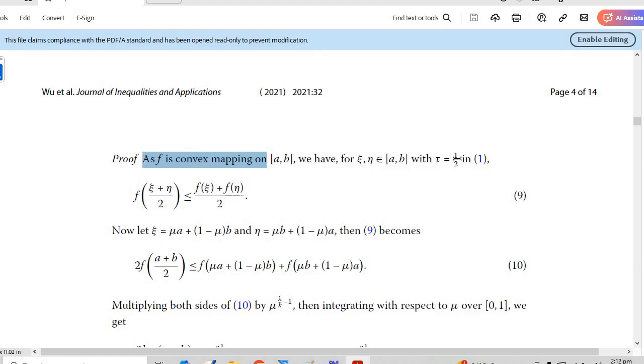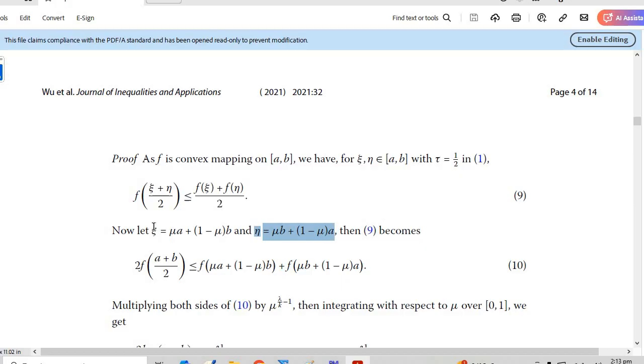For the particular value lambda equal to 1 by 2, which must belong to the interval [a, b], we can have the inequality given in 9. Now we want to make some special substitutions to achieve the main task. In 9, we replace xi equal to mu a plus (1 minus mu) b, and eta is given in this expression.